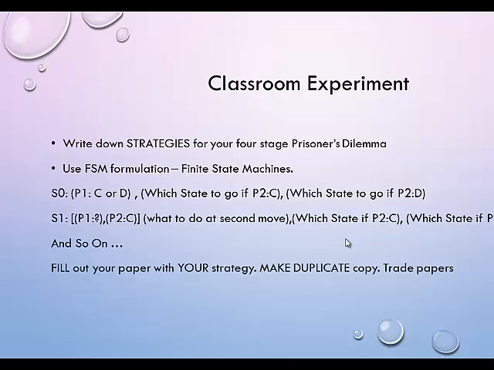Has everybody written that? In row 5, the other player cooperated in the first round, but he defected in the second round. So now what will you do? That's what you write in 5. You see, the strategy tells everything, every possible choice that you have to make. ठीक है? So row 5 पे हो गया काम? In row 6, the first player defected in the first round, but he cooperated in the second round.